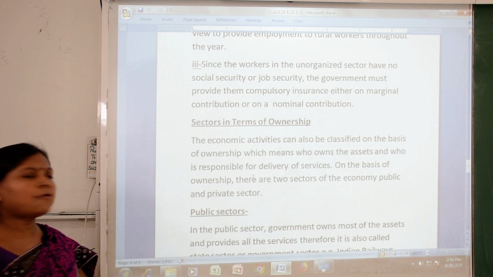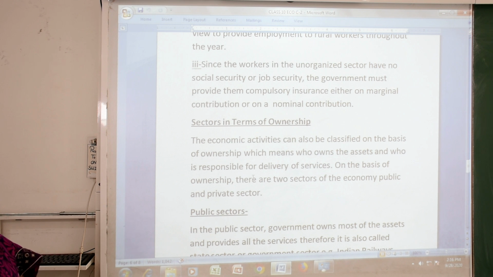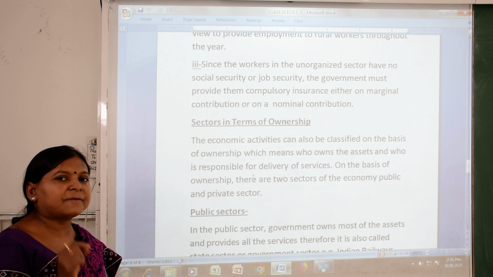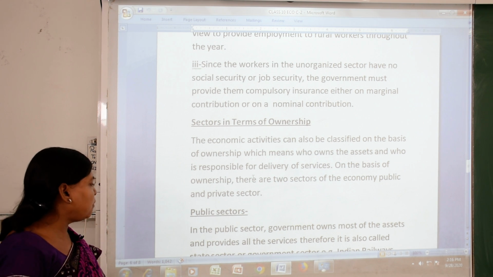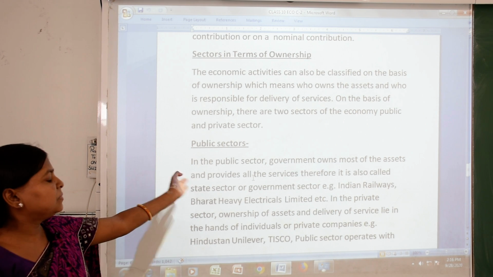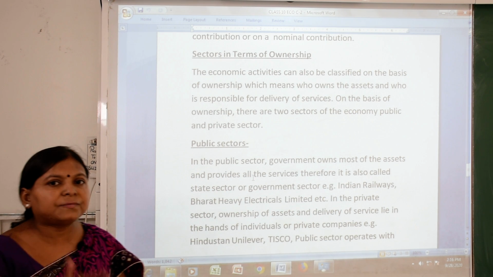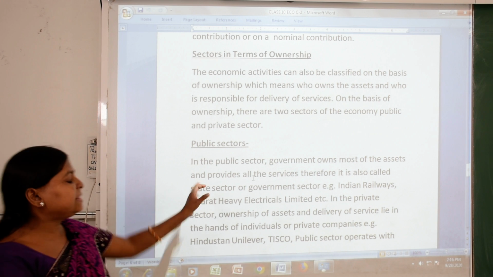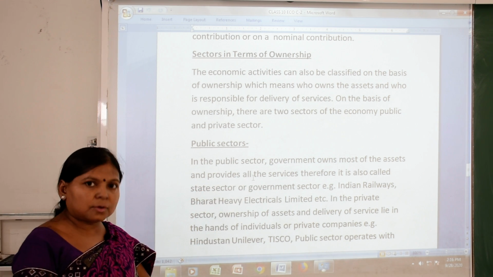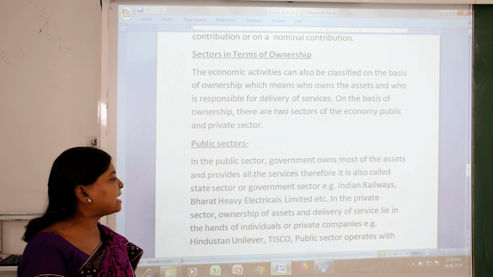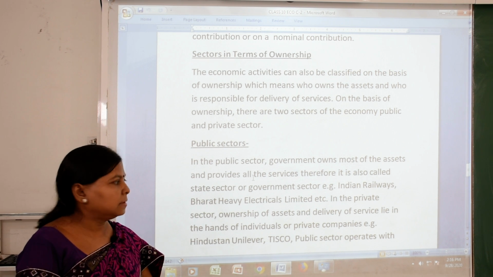On this basis, we can take two sectors of the economy, called public and private sectors. What are public sectors? In the public sector, the government owns most of the assets and provides all the services. Therefore, we also call this sector the state sector or government sector.